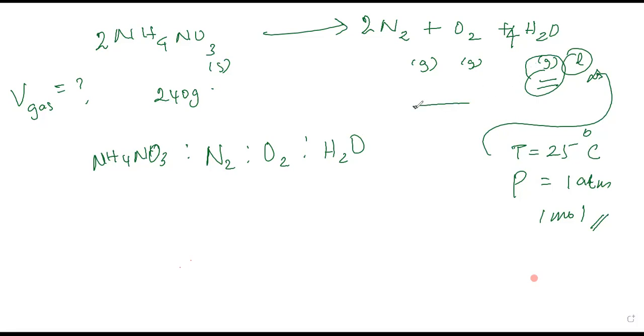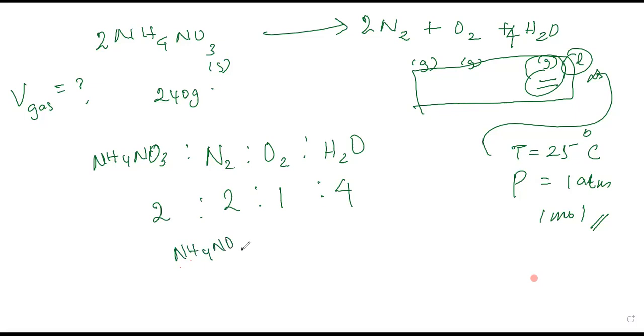They said all are vapor, all are gas. So according to this, the ratio is 2 is to 2 is to 1 is to 4. So altogether you can say ammonium nitrate is to gas is 2 is to 7.